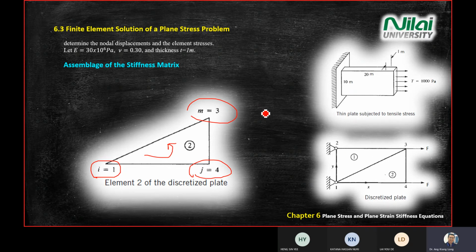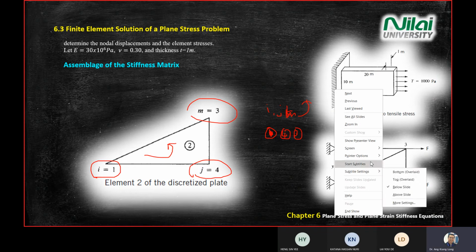You need to separate the anti-clockwise direction of I, J, M and the node location for each one. This is M, not K.